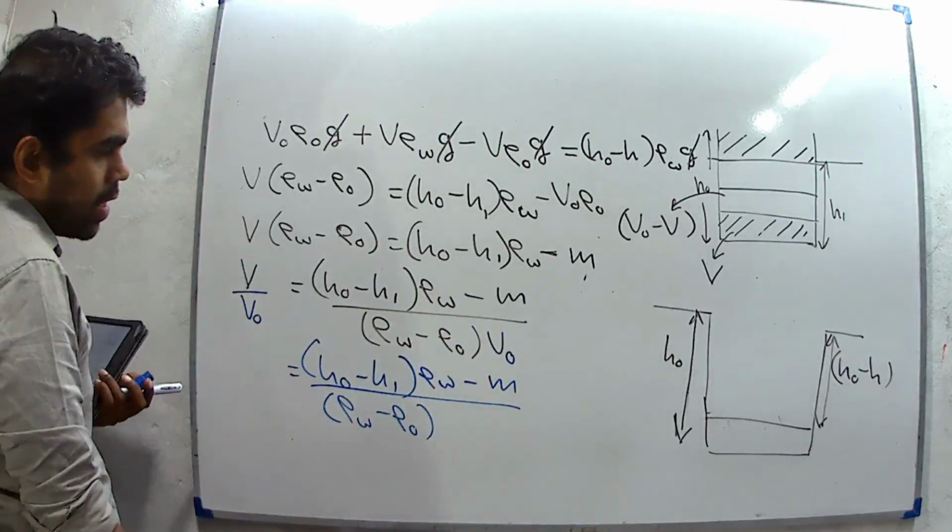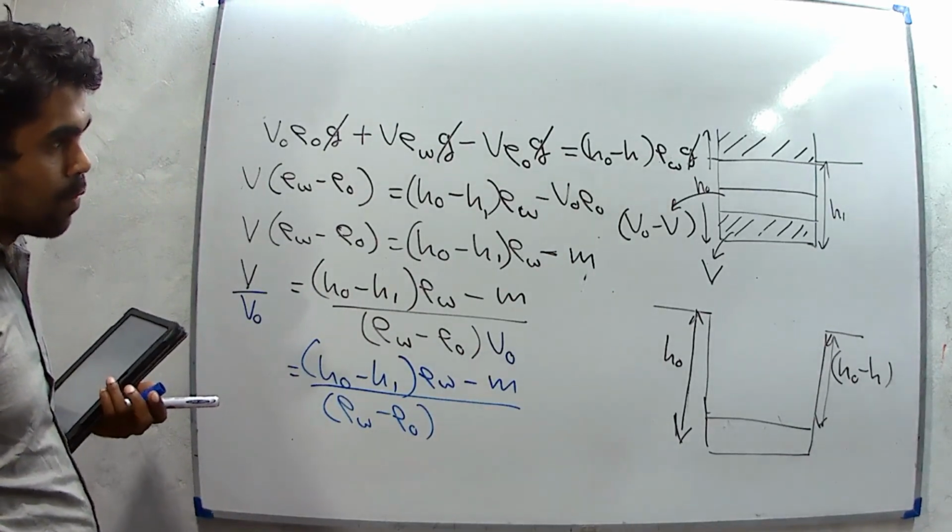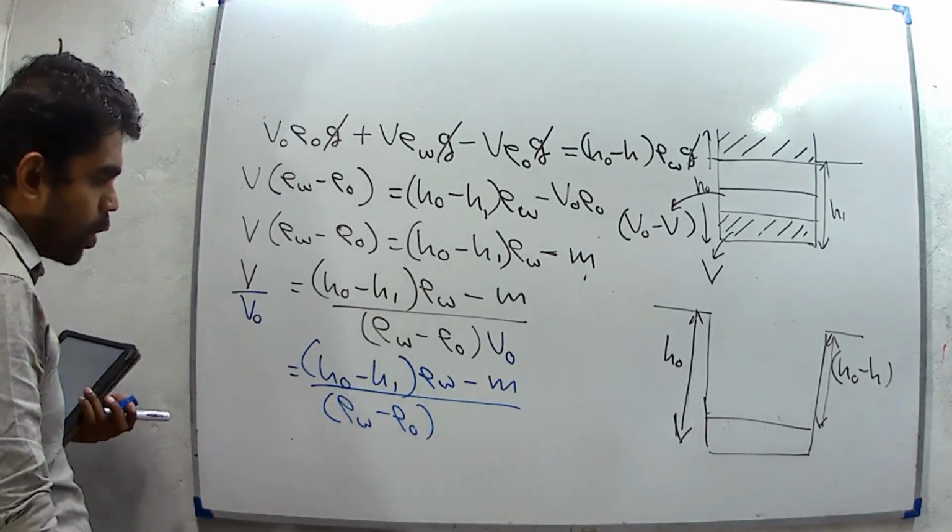We know that density equals mass divided by volume, and mass is density into volume.